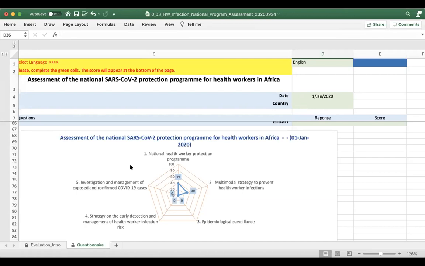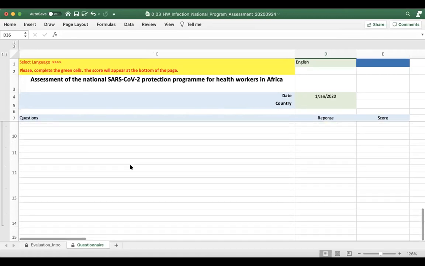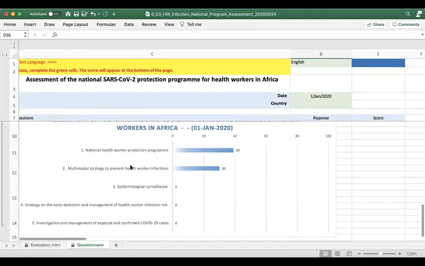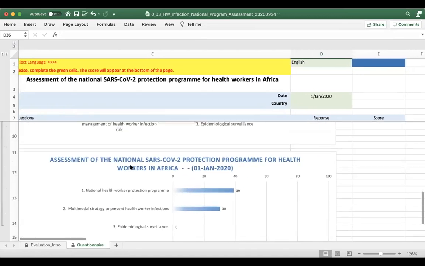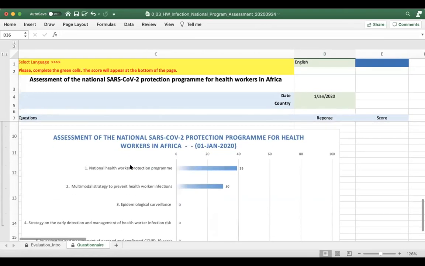If you continue to scroll down this tool, a second visualization has been provided in the form of a bar graph. If you don't like the pentagon, the bar graph here also depicts the same data and interpretation of that data as you saw in the first visualization. It's just a different way to represent this data.